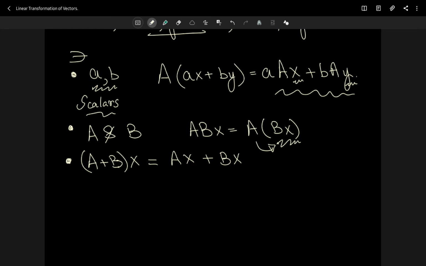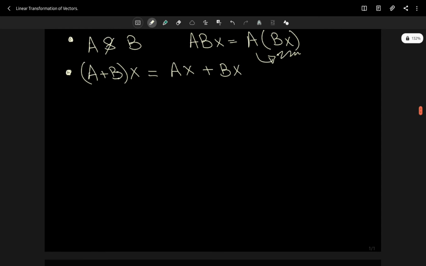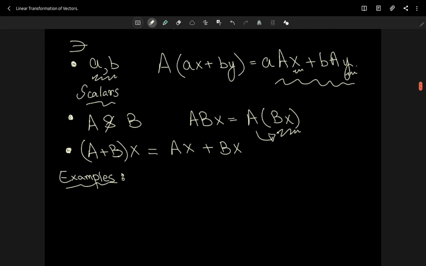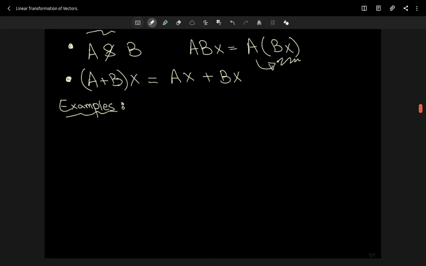Okay, so from here let's actually talk about some examples, right? We'll look at some examples of what we have just defined above. So for some field F^n, now if you remember from vector spaces, this is simply a space of n-tuples, right?